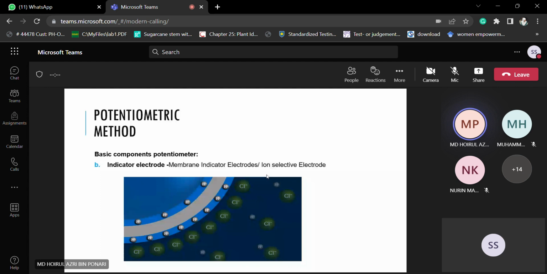So bila kita immerse the indicator electrode in solution, what will happen? The glass will allow hydrogen ion to pass through. The hydrogen ion in the reference solution will do the same thing. Dia akan move to the membrane.